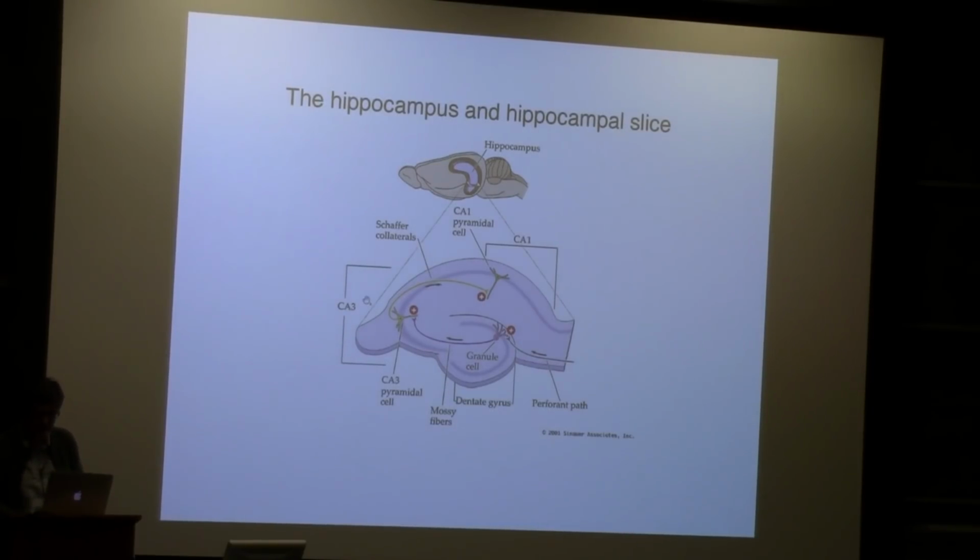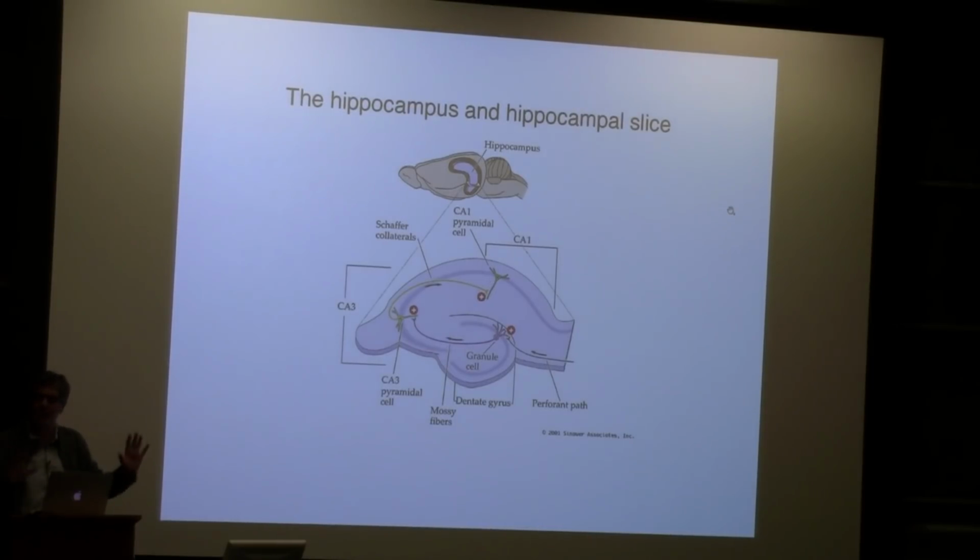So this is the banana, and this is one of the slices of the banana. Basically, activity enters the hippocampus through here, the perforant path, and goes into these cells, the granule cells. From these cells, it goes to these other cells, CA3 cells, and from CA3 cells it goes to CA1 cells, and then it gets out.